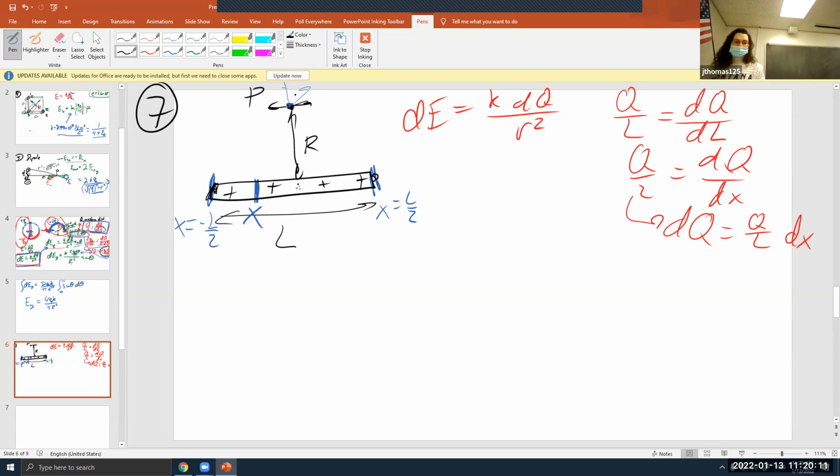If you don't see it again, you can do the two different integrals for the Y and the X. But in the interest of time, I'm just going to do the Y integral. So just as we did in the last problem, we just want the Y integral, which is going to be dE sub Y is equal to K dQ over R squared times the sine of theta.